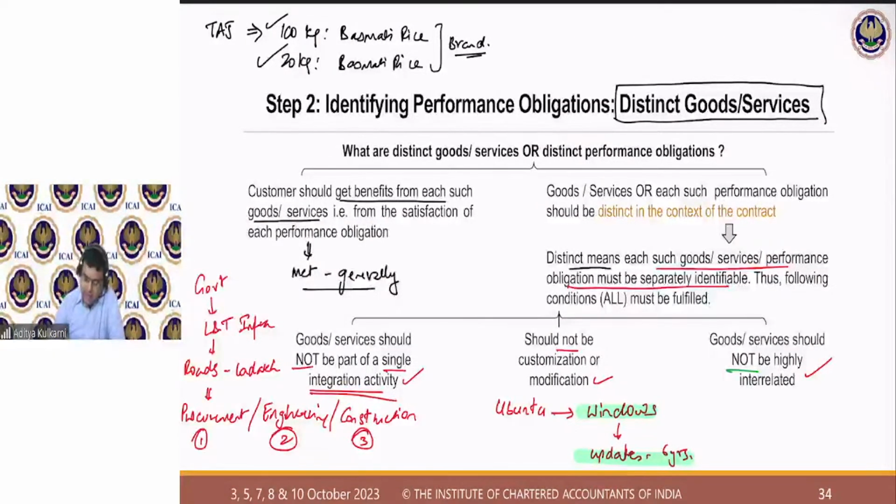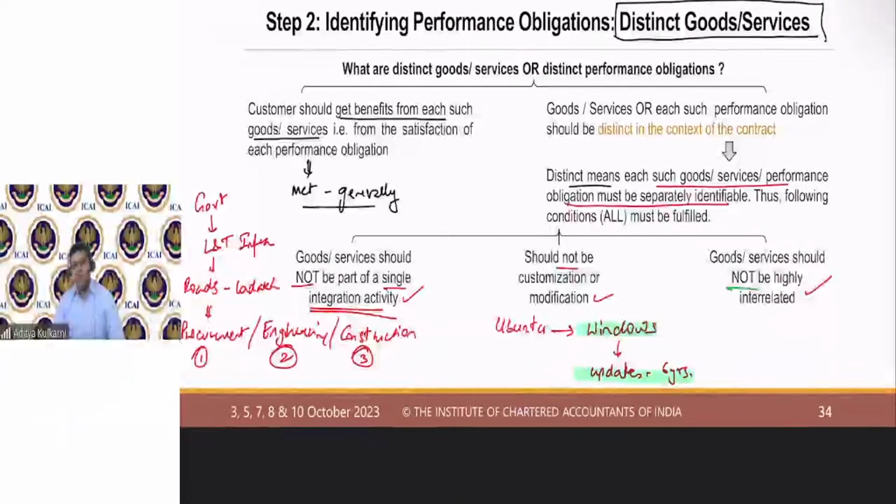Suppose you are traveling on a Vistara flight from Delhi to Ahmedabad. You are traveling with baggage, obviously.